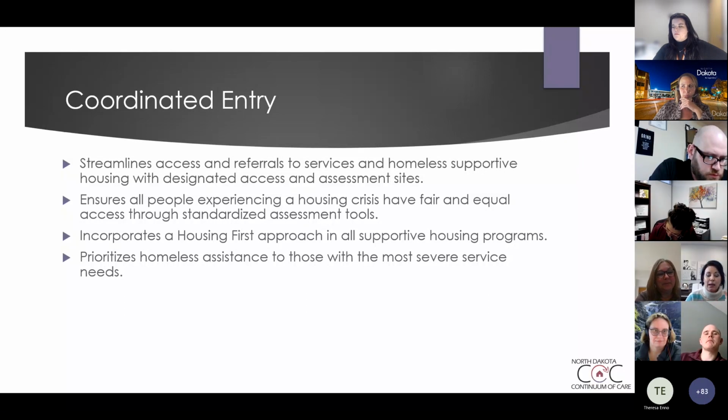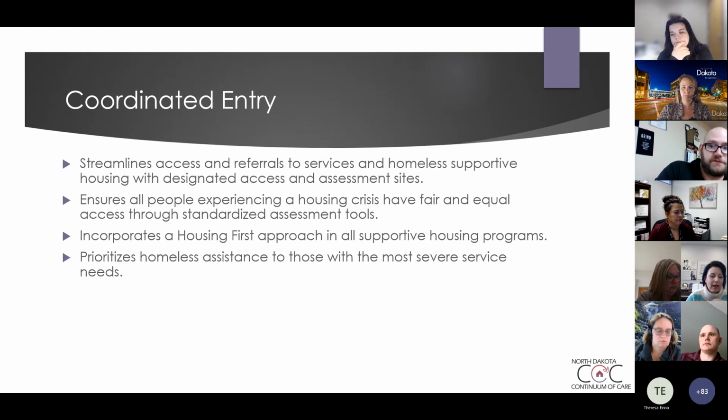Anyway, so various funding sources are mandated to use coordinated entry. Coordinated entry streamlines access and referrals to services and housing opportunities with designated access and assessment sites. It ensures fair and equal access through standardized assessment tools. It incorporates a housing first approach with low barrier access, comprehensive referrals, and prioritization.